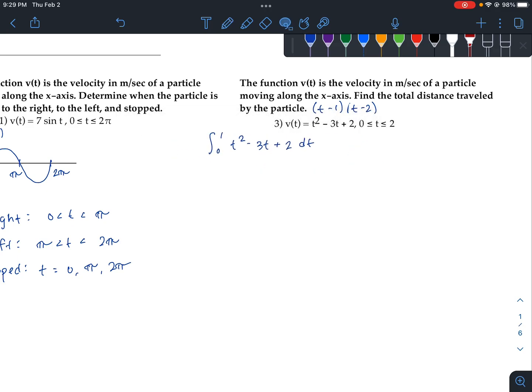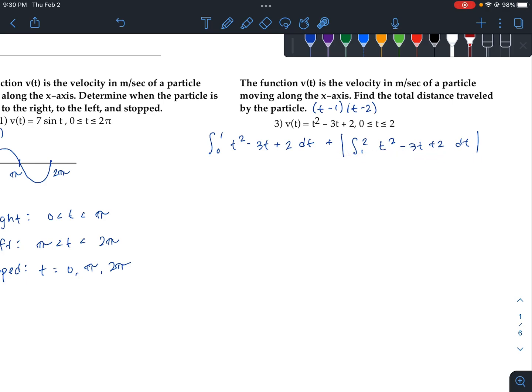And then we're going to add the absolute value of the integral from 1 to 2 of t squared minus 3t plus 2 dt. I'm just using absolute value here because I know this is going to be negative, because I know the behavior of my function between 1 and 2. It's below the x-axis, so I know that it's going to be negative.